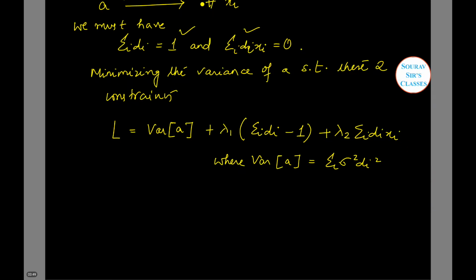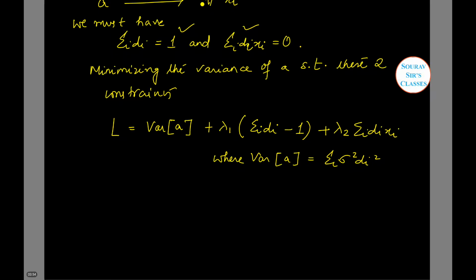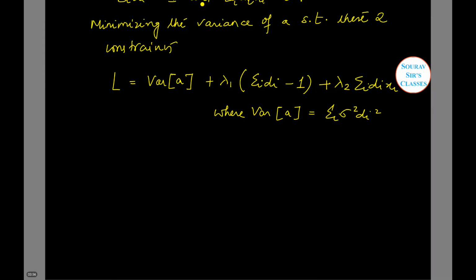Now we want to minimize this with respect to di, lambda 1 and lambda 2.